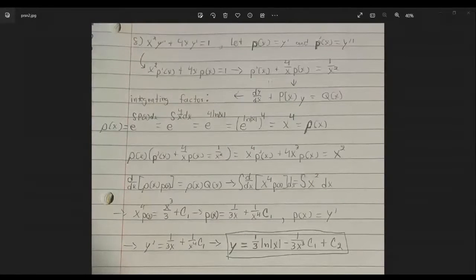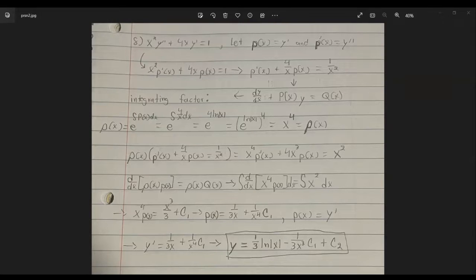Again, my y is p of x, so I replaced y with p of x, and to solve for p of x I integrate both sides. That gave x to the fourth times p of x equals x cubed over 3 plus a constant, which I named c1.